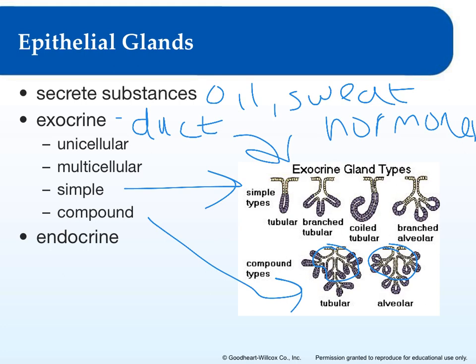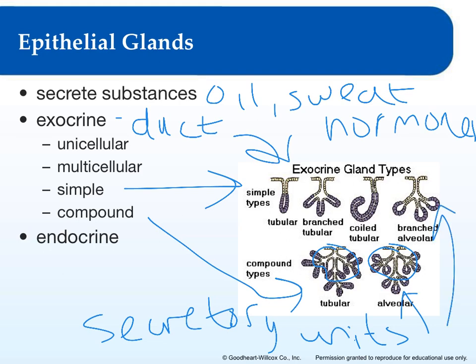Compound, a branching duct. And at the base of the duct, where the actual secretory unit is, so this part that's kind of like this purplish gray color, that's the actual secretory unit, the part that's actually going to secrete the oil or the sweat. That is going to have a couple of basic shapes. And the ones we're going to be concerned with are this tubular shape, so it'll be kind of long and skinny, or roughly tube-shaped, or this alveolar shape, which is going to be spherical shaped.